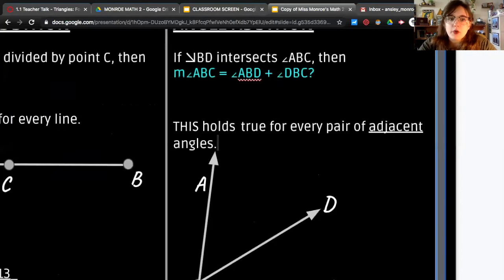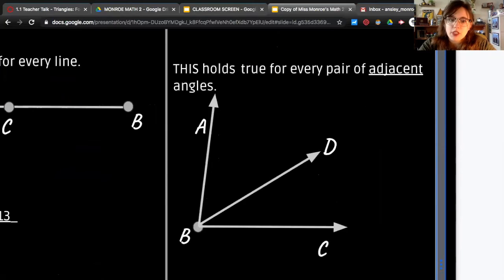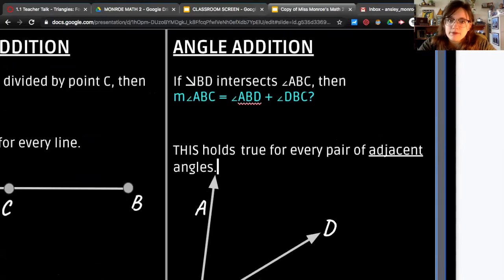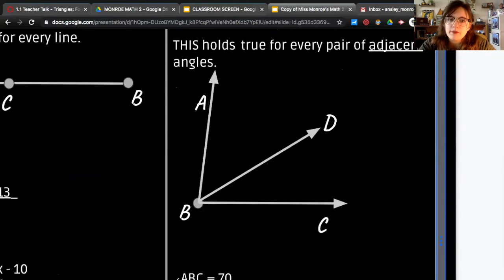So my formula is the measure of angle ABC, if BD intersects it, so it cuts through the angle right there. Angle ABC is the same as ABD plus DBC. This part plus this part equals the whole.